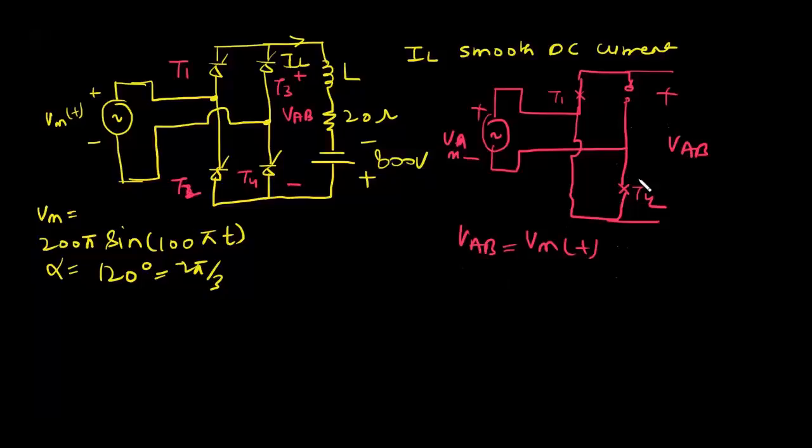You can get this by applying KVL in the circuit. So this is when T1 and T4 are on, and VAB will be equal to minus VmT when T3 and T2 are on.